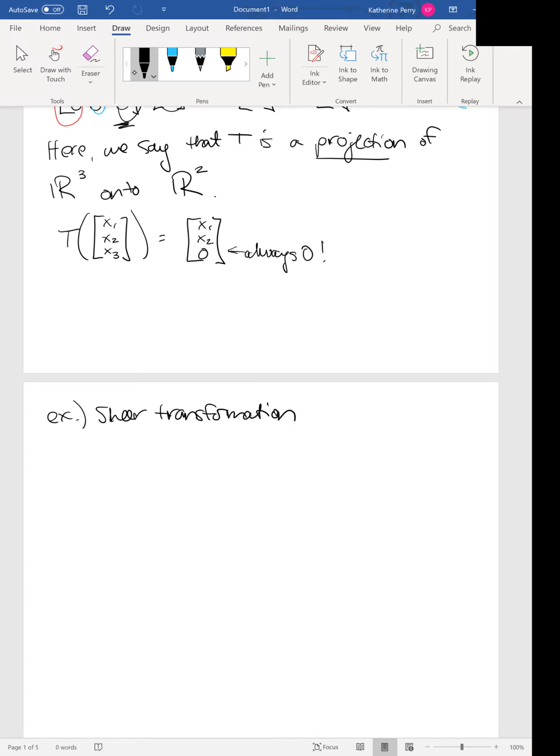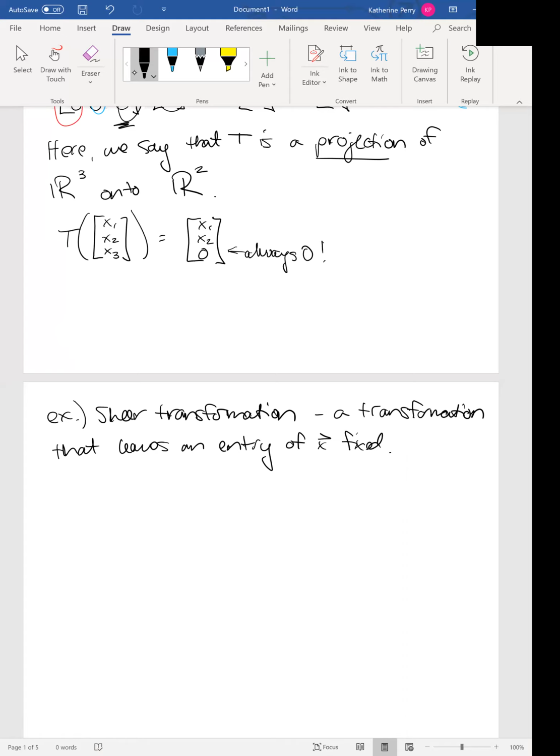And a shear transformation is a transformation that leaves an entry of x fixed, meaning it stays the same.